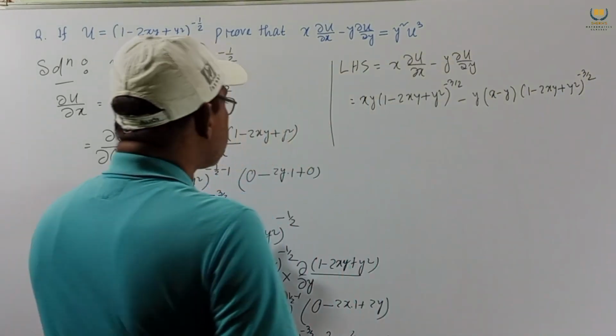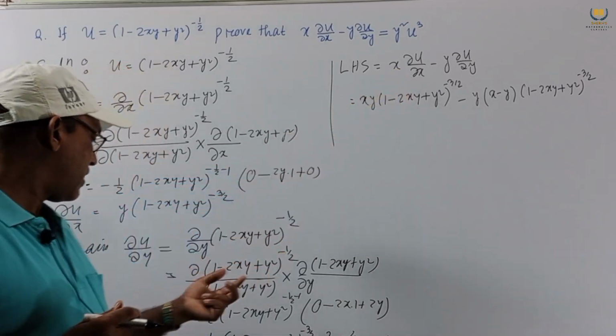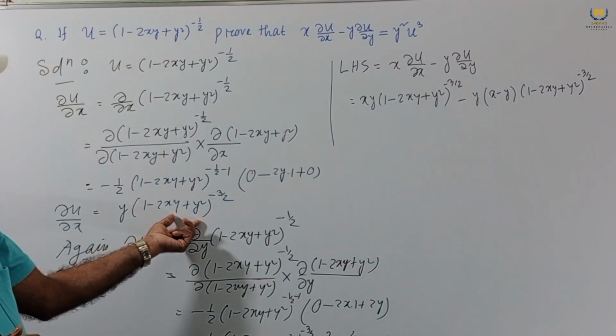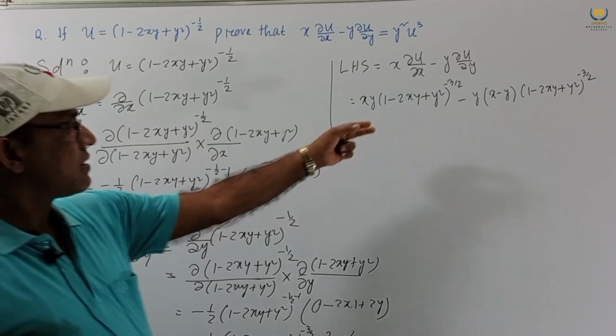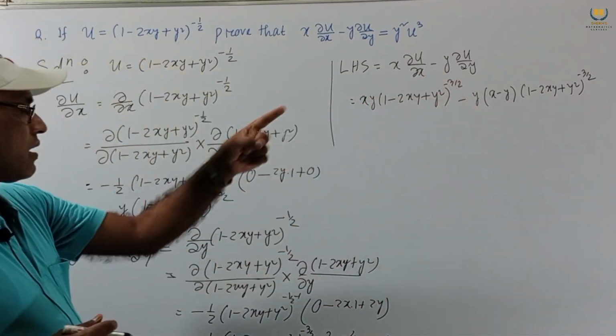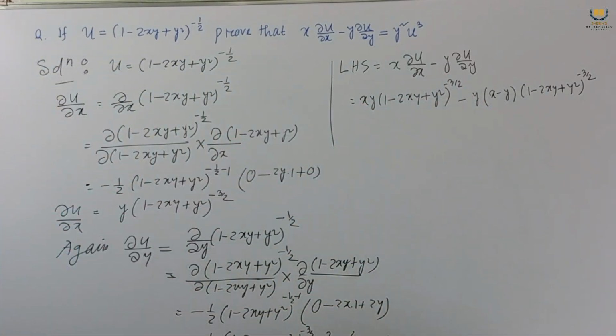Just multiplying this, x into del u del x means this one, xy into this, and minus y into del u del y. Del u del y is this value.